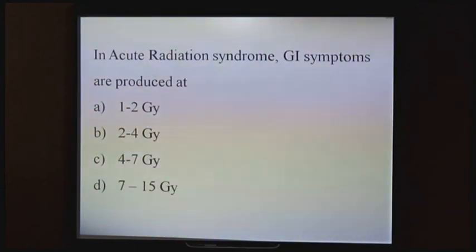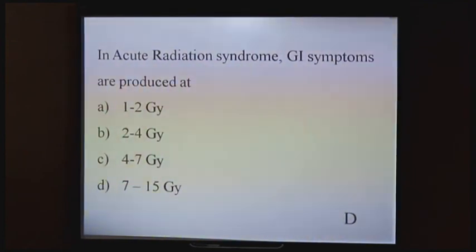In acute radiation syndrome, GI symptoms are produced at 7 to 15. At 1 to 2, what do you have? Oral symptoms. Okay.